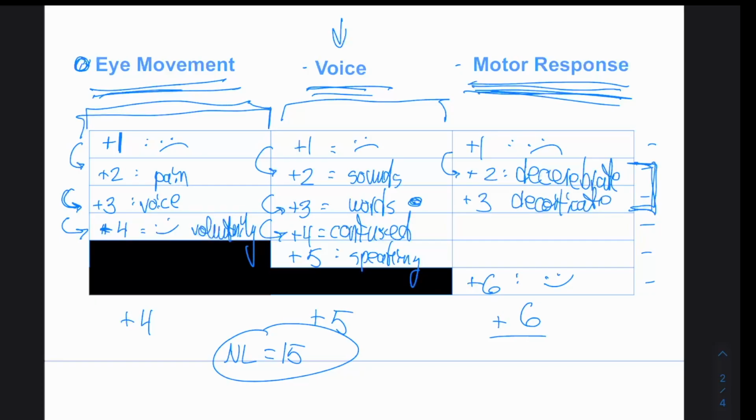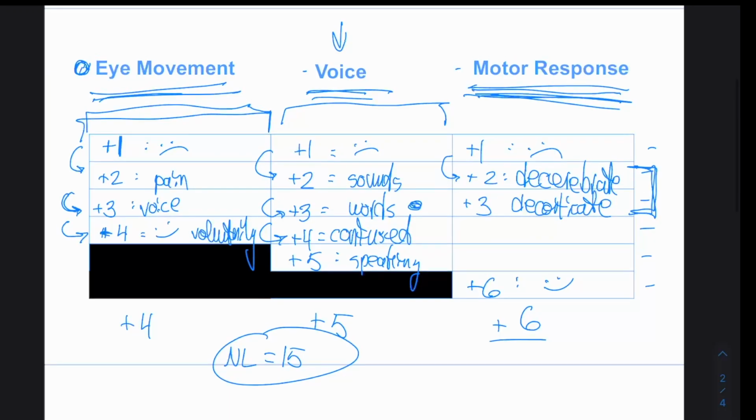And the way I like to think about it is decorticate, where you are flexing your arms towards your chest, almost looks like you are protecting your heart, right? Core can be referenced to heart. So decorticate is better than decerebrate. In other words, decerebrate, where you are extending your arms, is worse than decorticate, where you are flexing your arms.